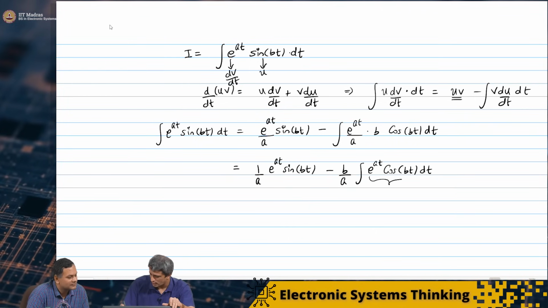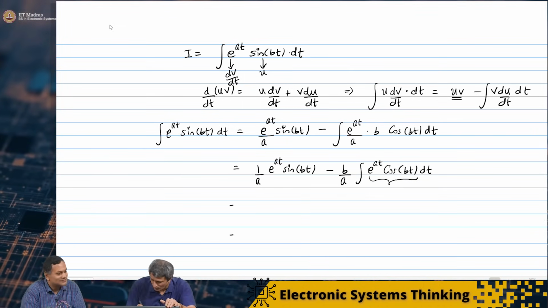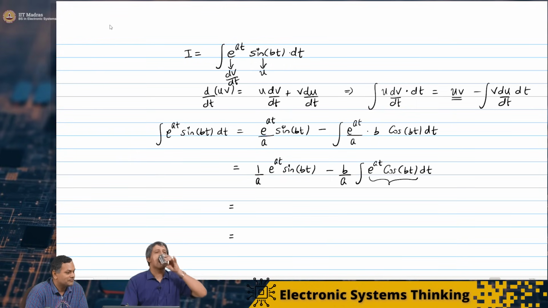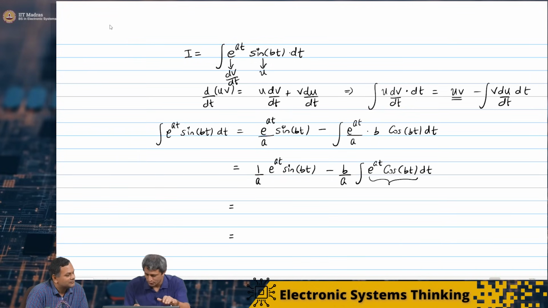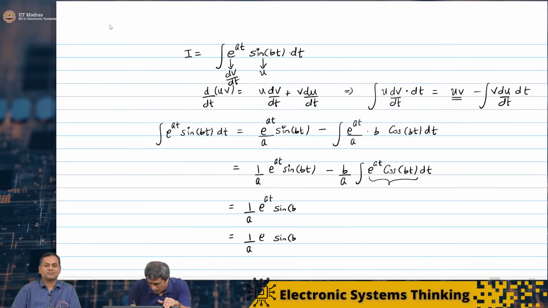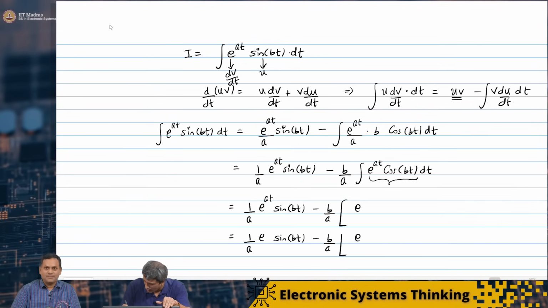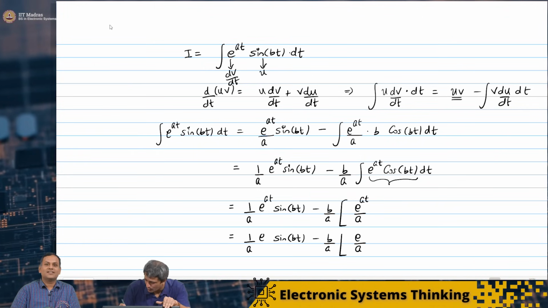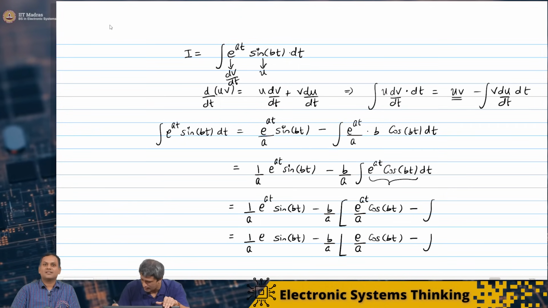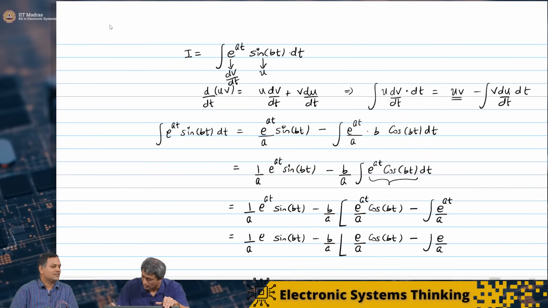I will call this my integral I. Now this, you see, is again of a similar form. So I'll do this rule again and retain this term, e^(at) sin(bt), minus b/a, with e^(at)/a cos(bt), minus the integral of e^(at)/a, where I have to differentiate cos(bt).